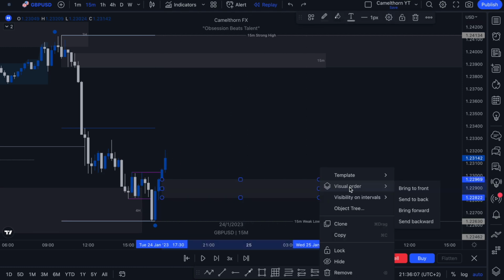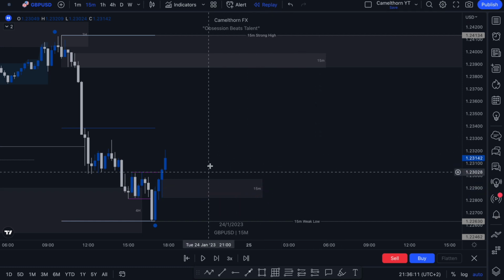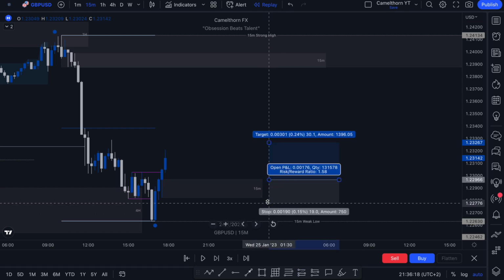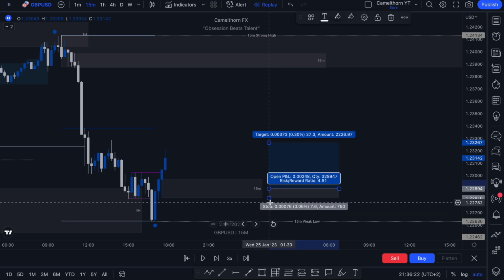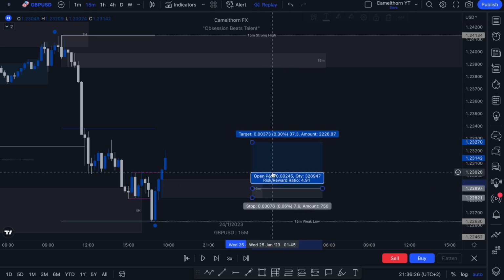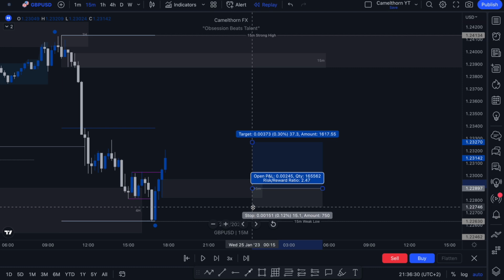Now, once you mark that particular zone out as your 15-minute demand zone where you want to see price action trading into, you would then look to either play the open of that particular zone, or you could look to play the midpoint. For me, when I saw this particular zone, I placed my buy limit order on the midpoint of the 15-minute zone.